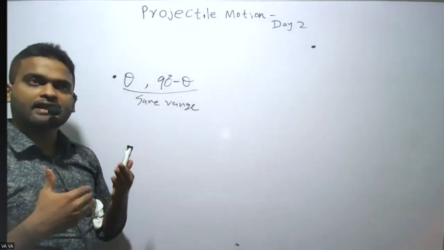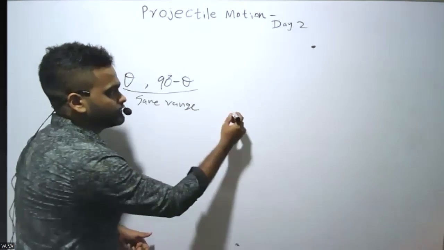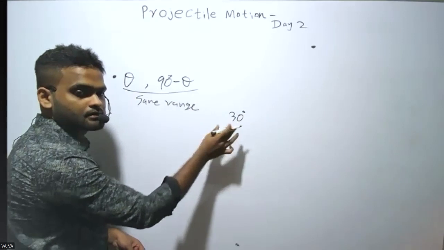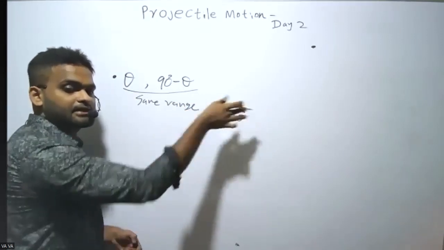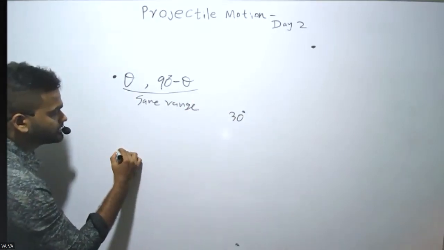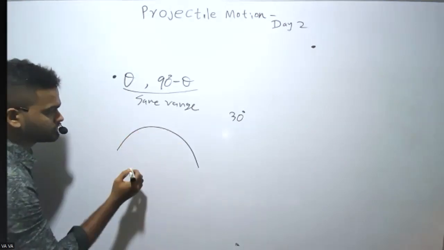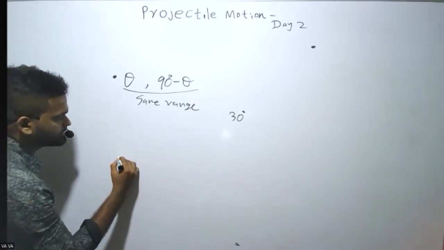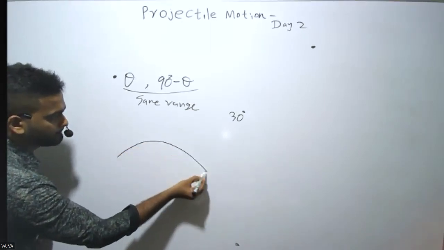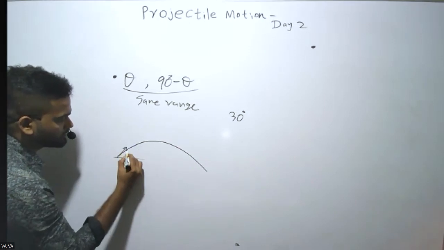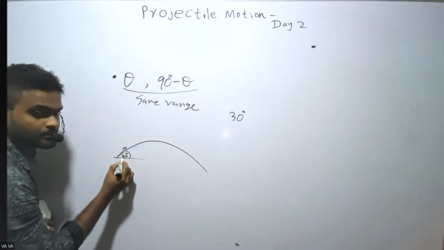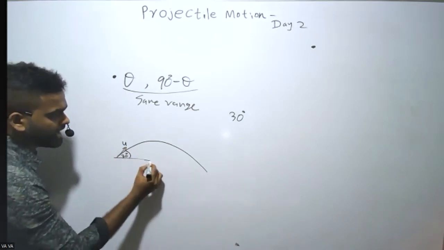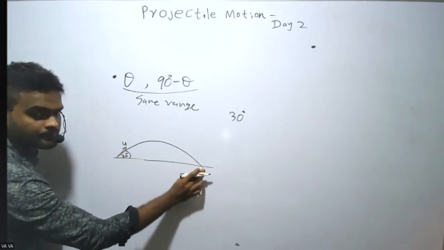So for an example, if you project an object at 30 degrees, it would land like this. Let's say this is 30 degrees, and let's say it lands at this point.